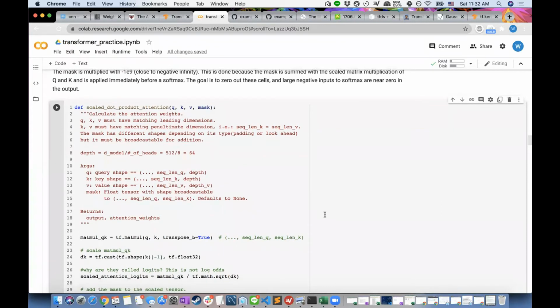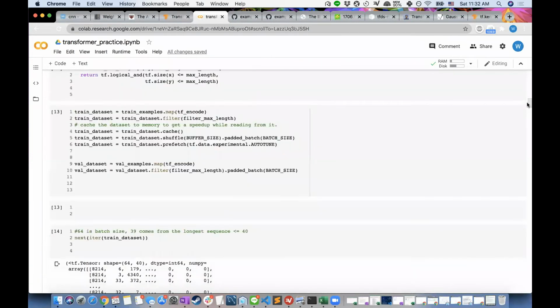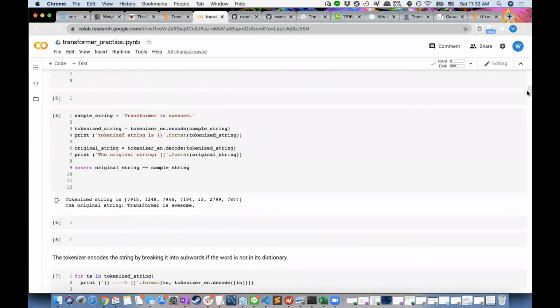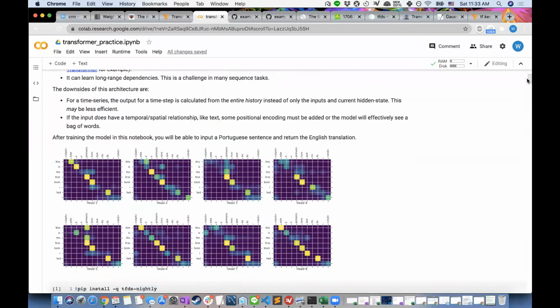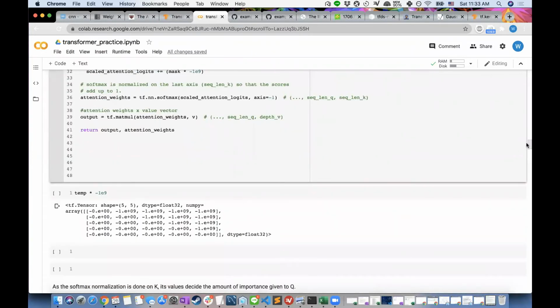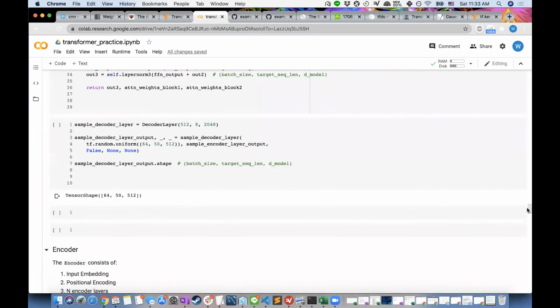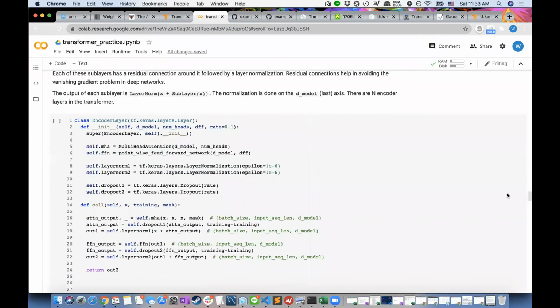Sequence length, I believe, if I remember correctly, let me think about it. Sequence length 64. Correct me if I'm wrong, but it should be the column numbers of Q, K, and V.